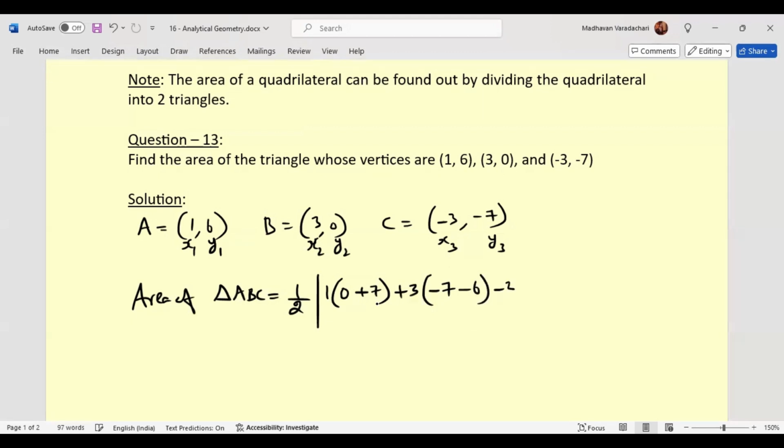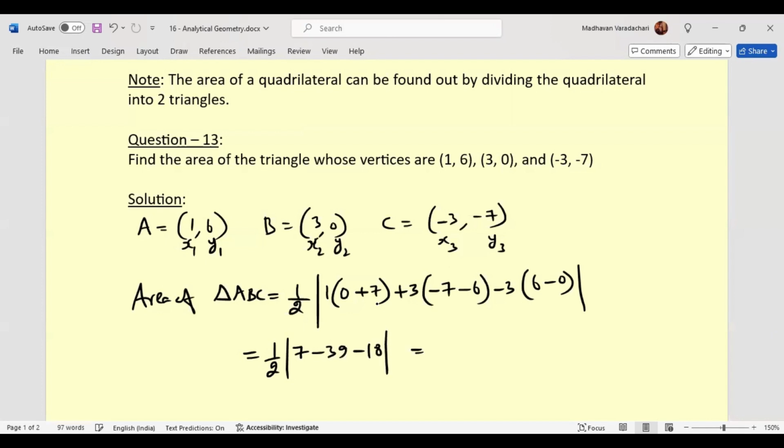x3. So it is minus 3 times y1, 6, minus y2, which is 0. Evaluate this. This becomes 7. This is minus 13 into 3, minus 39. This is minus 18.